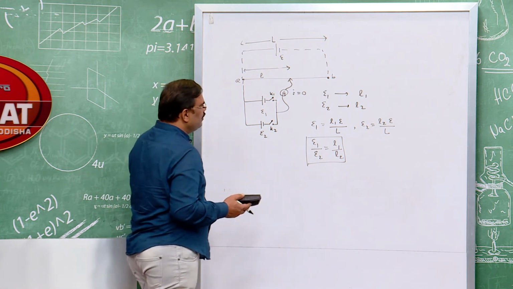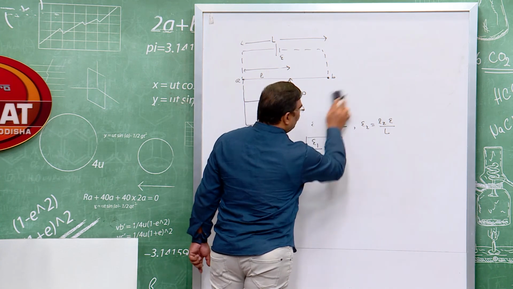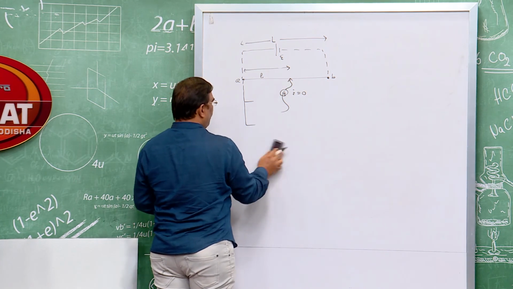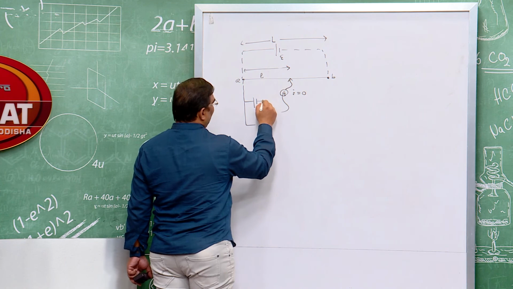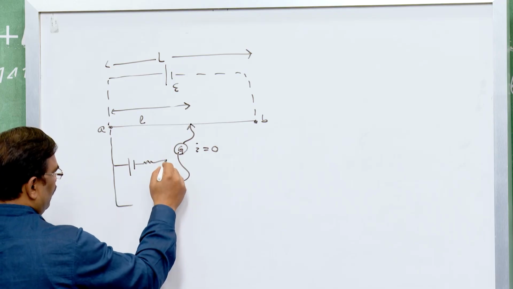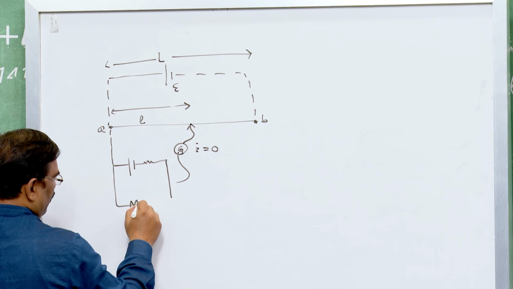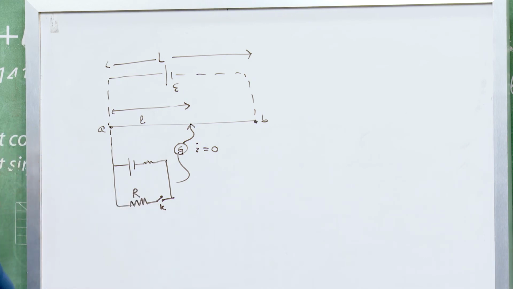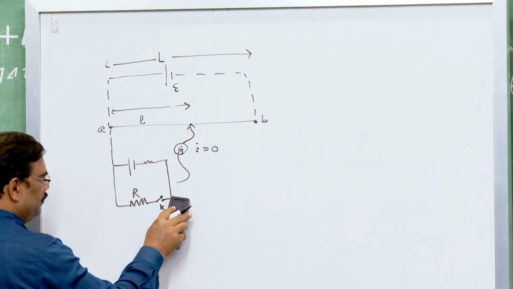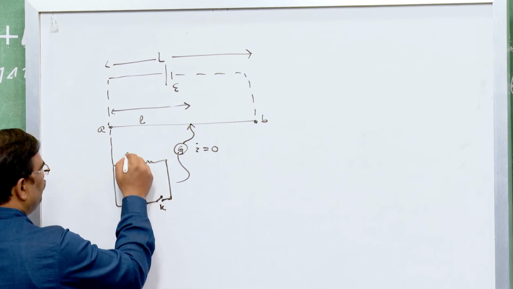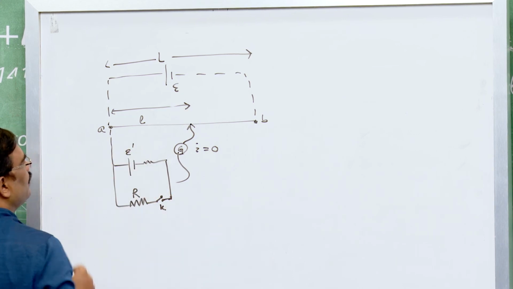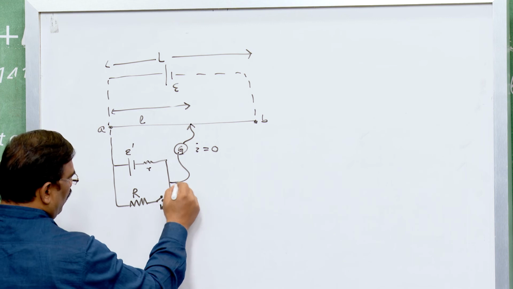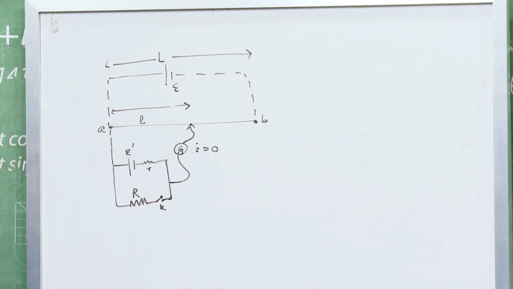To find the internal resistance, suppose we have a battery of EMF E dash having internal resistance r, and there is a load R across this battery, like this. Now, this is the necessary circuit.